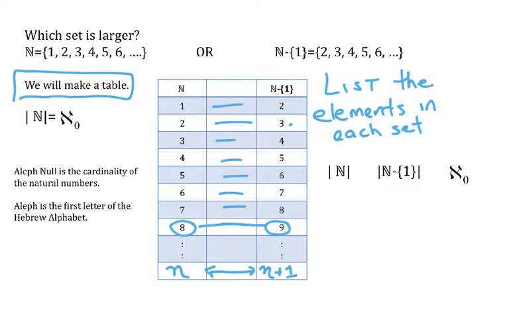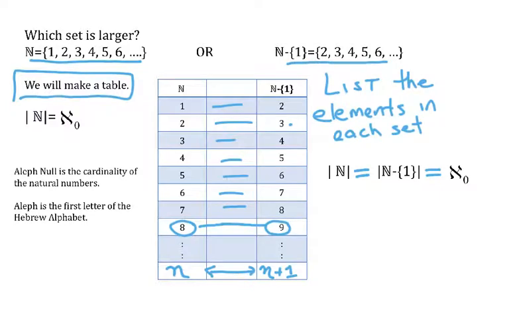So this is a perfectly good one-to-one correspondence. I have shown that these two sets are equal. They both have cardinality aleph null. Every number in this set corresponds to exactly one number in this set and vice versa.